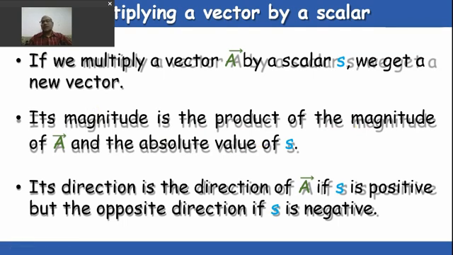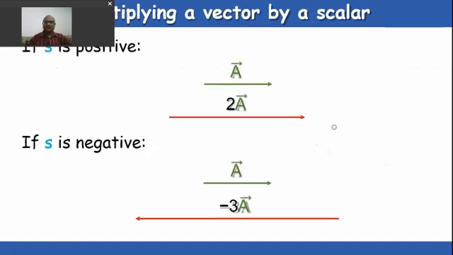Its direction is the direction of the same vector if s is positive, but if the constant value is negative, then the direction will be opposite. So on the basis of the value of the constant with which we are multiplying the vector, the direction of the resultant vector will be governed.